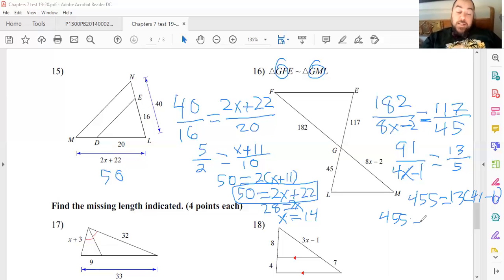So 4 times 13 is 52. So we have 52x minus 13. Okay, so we're going to add 13 to both sides. So we get 468 equals 52x.